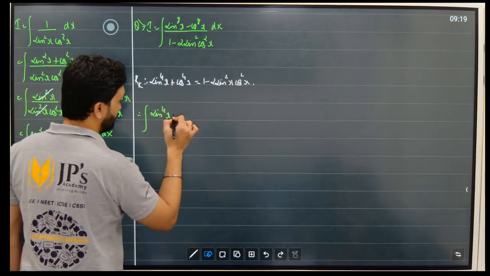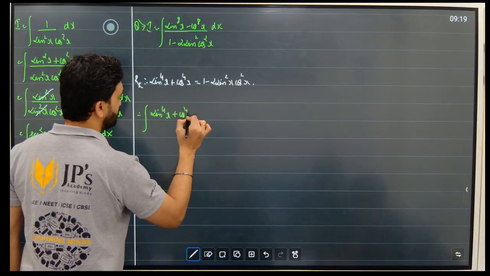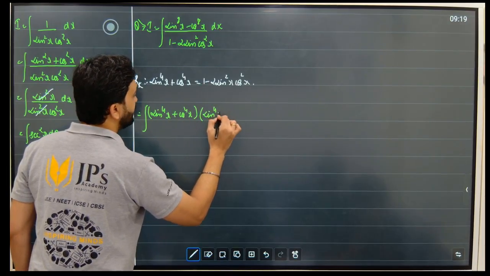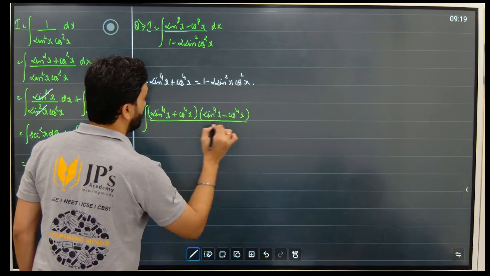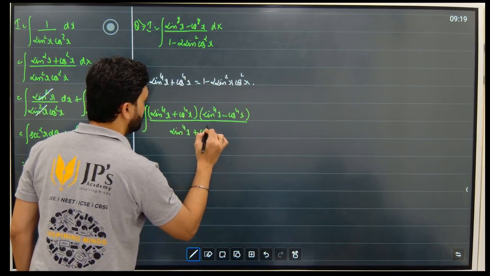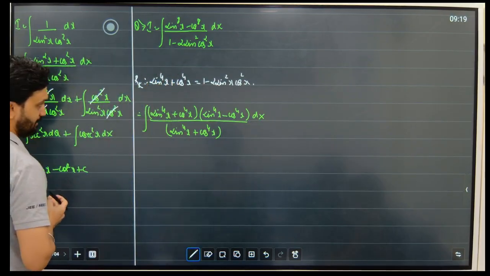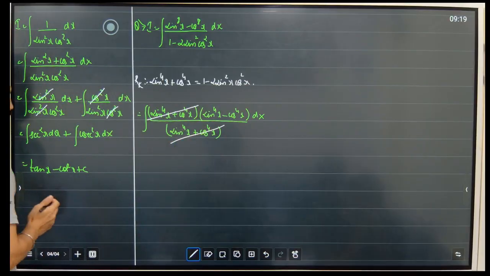Sine raised to 4x plus cos raised to 4x upon sine raised to 4x plus cos raised to 4x, times sine raised to 4x minus cos raised to 4x, dx. So this entire term gets cancelled. It is a square minus b square.